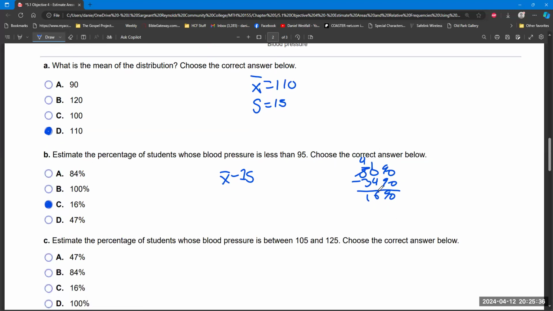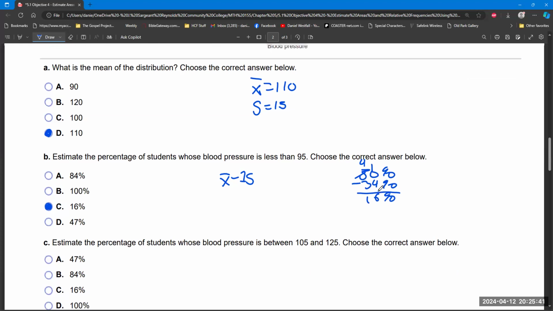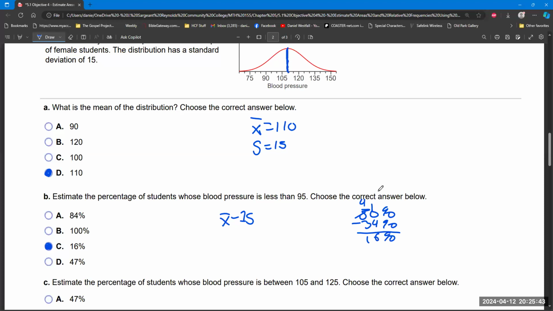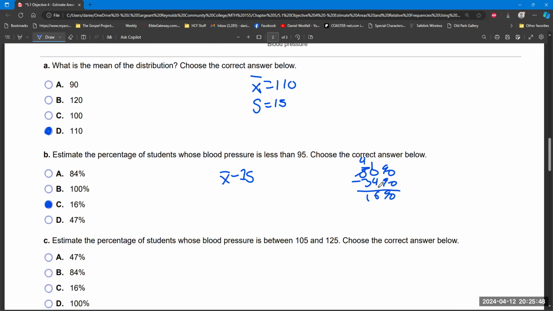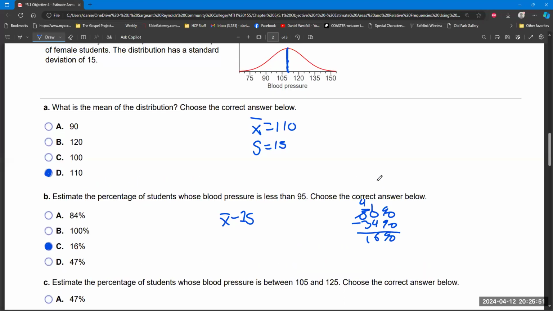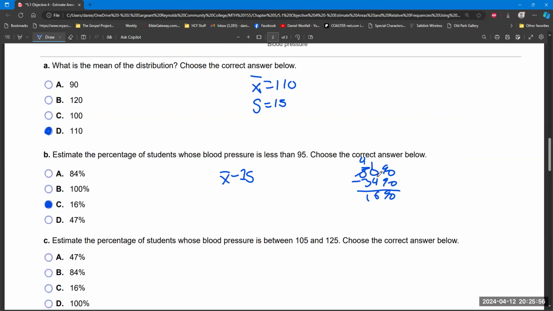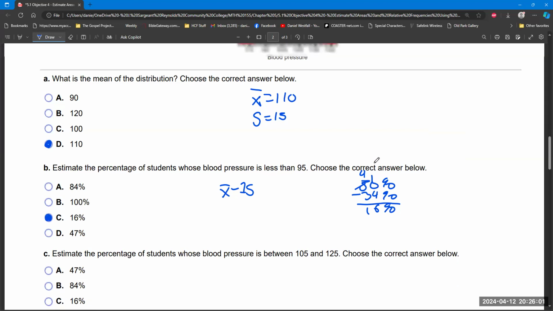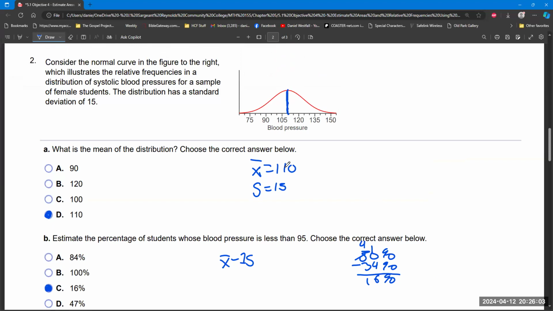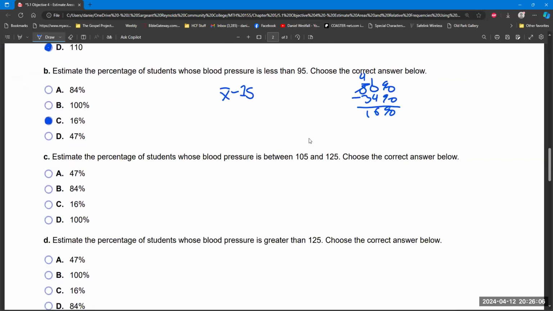And then if they say between 105 and 125, now this is going to be something that I'm not going to get exactly from this rule, but I know what numbers it's going to be between. So 105 to 125, 125 is going to be exactly 1 standard deviation to the right.